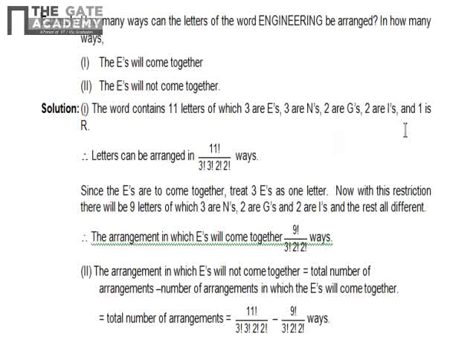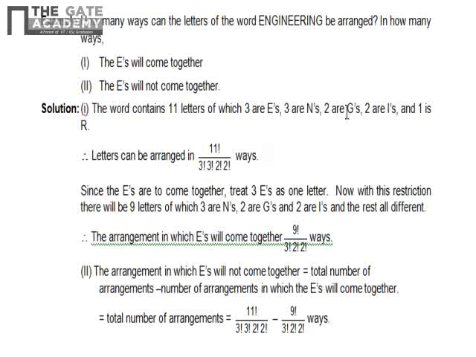So I have to find by this formula which I have done earlier, 11 factorial upon 3 factorial, 3 factorial, 2 factorial, 2 factorial. If I have to find the number of arrangements in which E is coming together, we have to treat the 3 E's as one entity. So 11 minus 3, that is 8 alphabets remaining, and if we assume the 3 E's as one object, then 8 plus 1, 9, you have to assume as 9 alphabets.